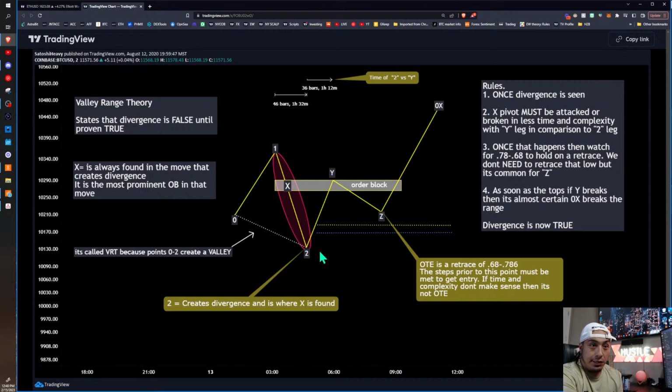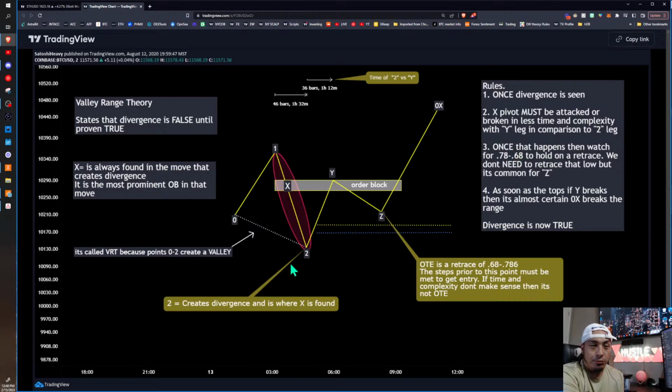So once divergence is seen, which is where divergence is seen, the X pivot must be attacked or broken in less time and complexity. So here's X. Less time and complexity means the time it takes for the entire move of this leg here, which I've circled in red.